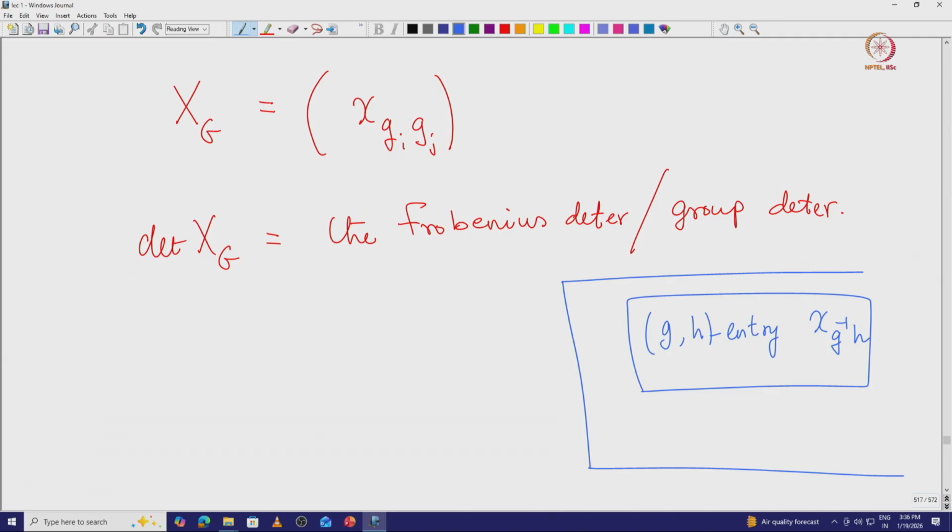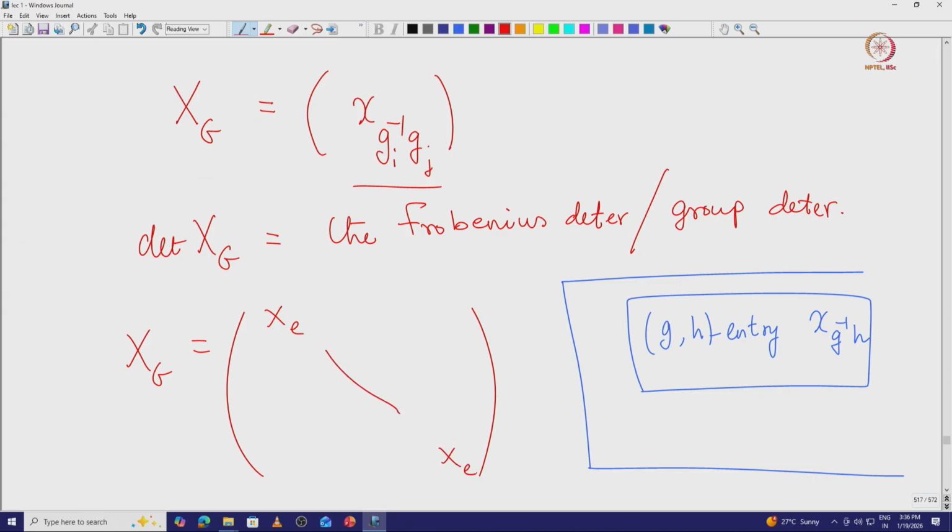But it is going to make our life simpler. So if you take this GH entry to be x g inverse h, then this is exactly g_i inverse g_j. So this is the definition I am working with. In particular, xg will have identity on the diagonals. So that is what we want.